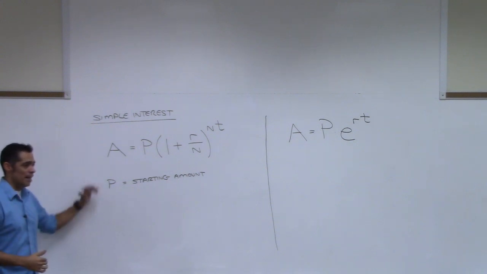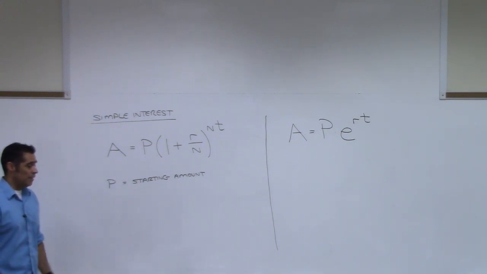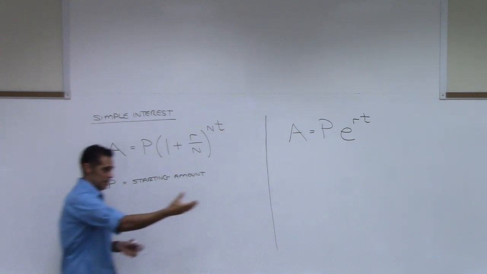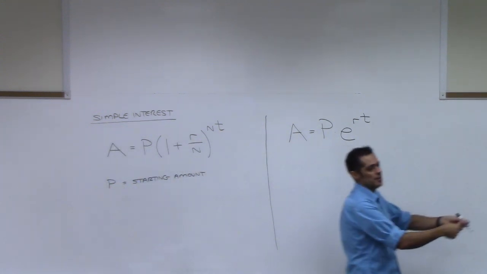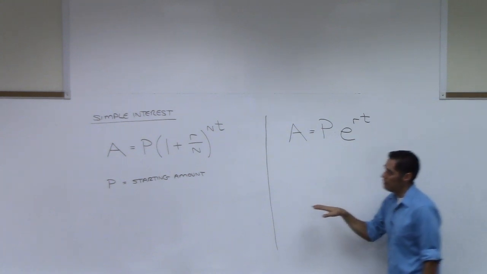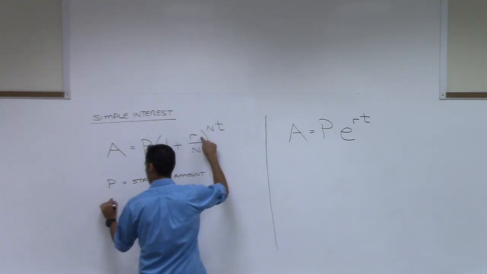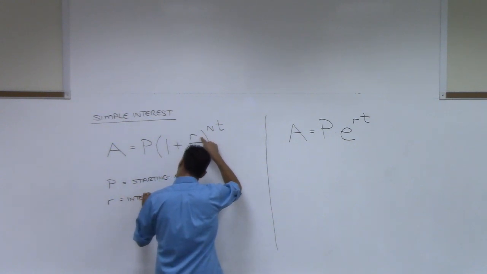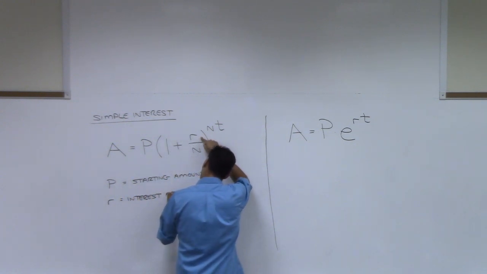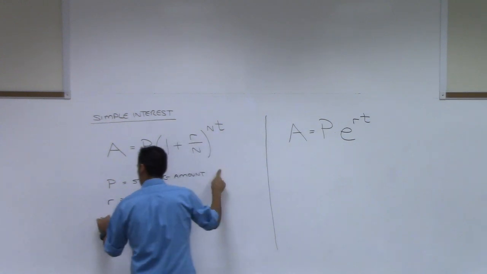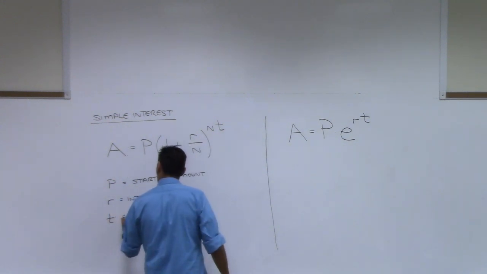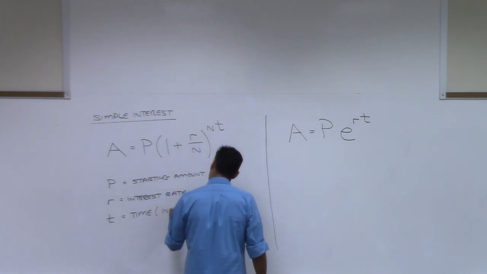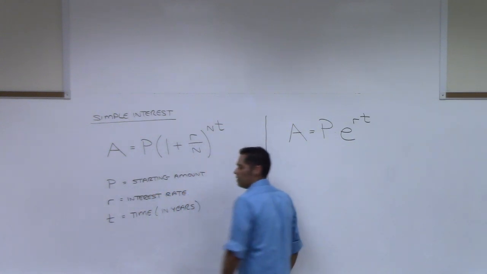That's the starting amount, that's your P. Or if you put money into an account, that's how much money you put into the bank. No matter what, that's your starting amount. R is the interest rate. T is time, and it's always measured in years in this formula.